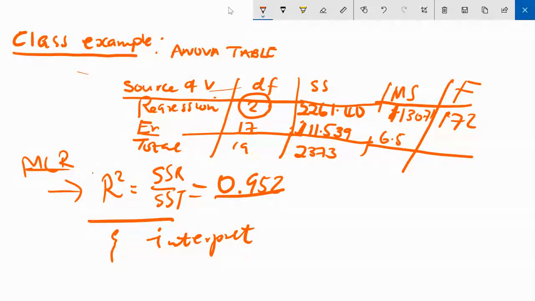There is a definition from your study guide. Relate to that definition from your study guide. What does it say? Under coefficient of determination. Can you please check your study guide?